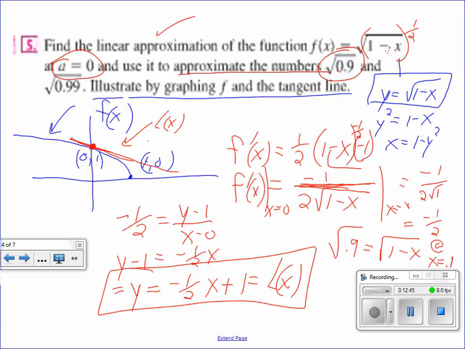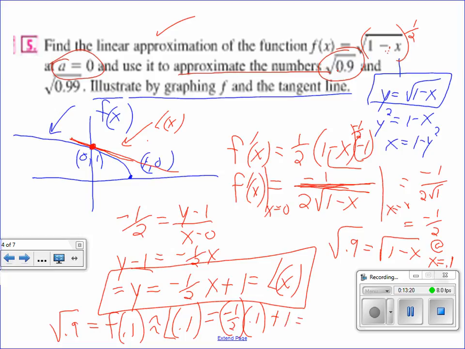So what they really asked here is, the square root of 0.9 is really equal to the true function at 0.1, but I'm going to approximate that with my line at 0.1, which is just going to be equal to -1/2 of 0.1 plus 1. And that's going to be, this is 0.05.